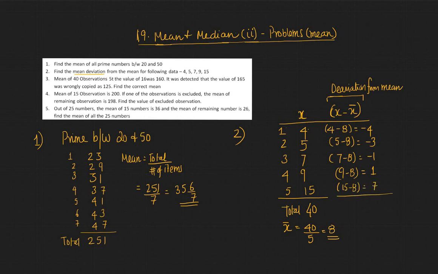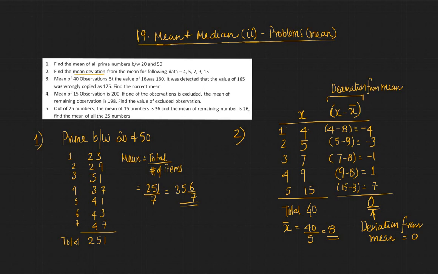Now if you add all of this, you will get 0. So this value is your overall deviation from the mean. Your overall deviation from the mean is 0.